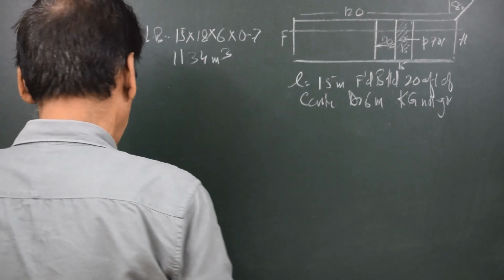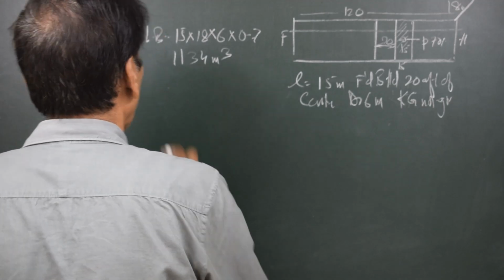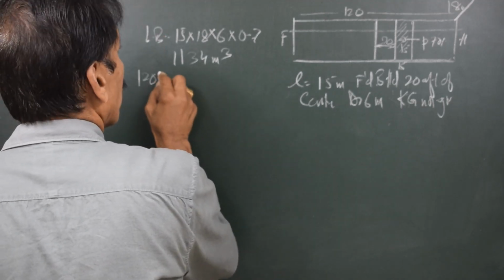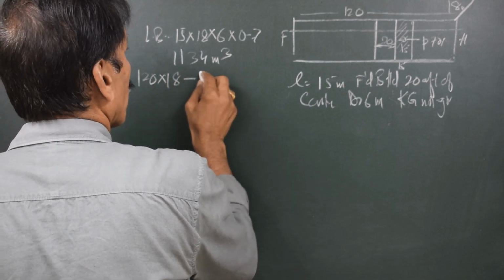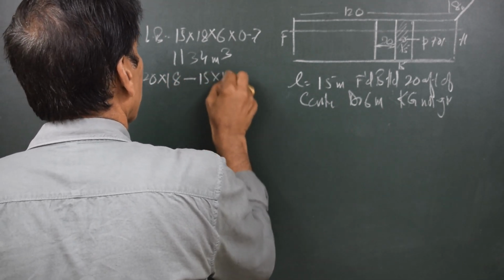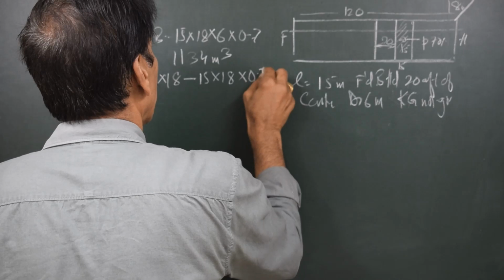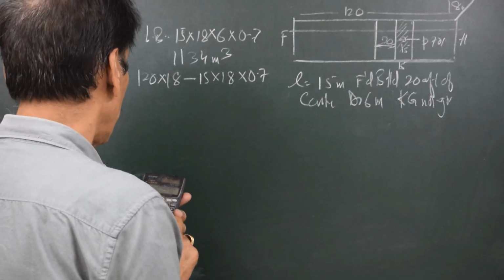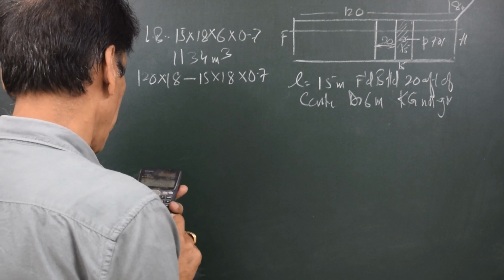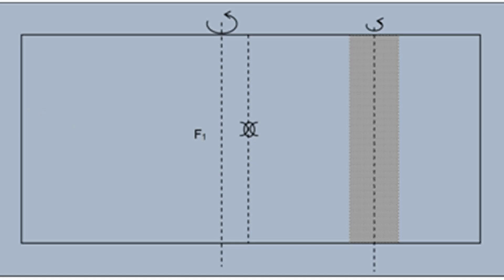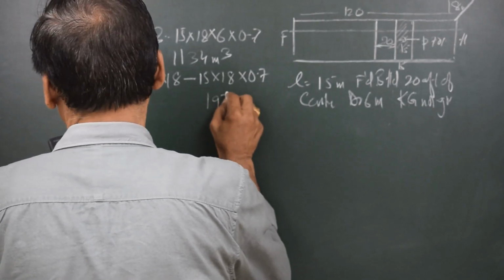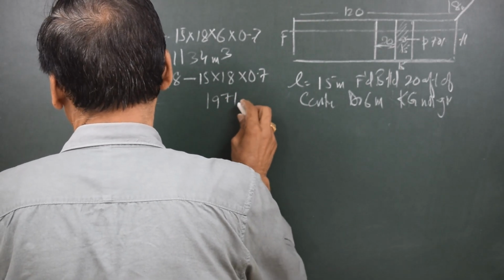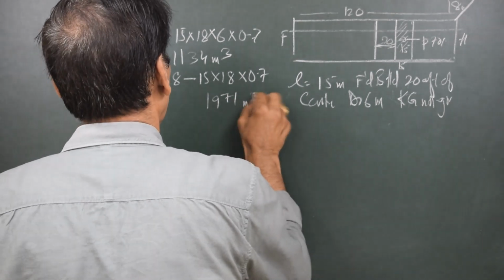Right? And now the intact water plane area should be total minus loss. But loss always goes with the permeability. So I multiply with 0.7: 120 into 18 minus 0.7 into 15 into 18. The intact water plane area is 1971 meters square.